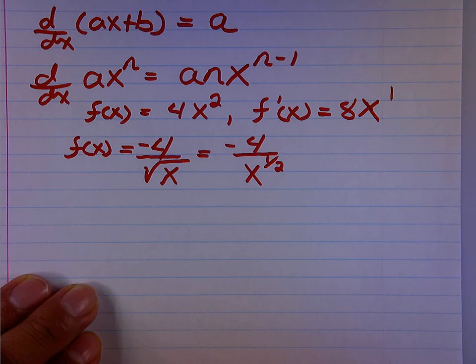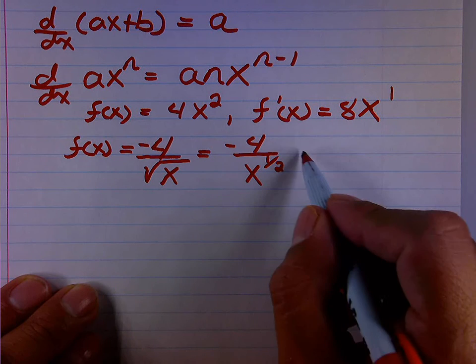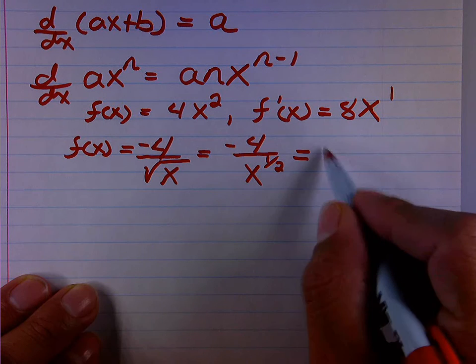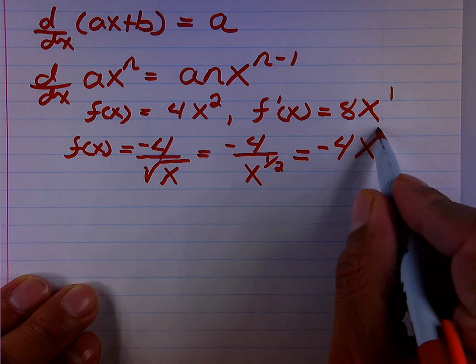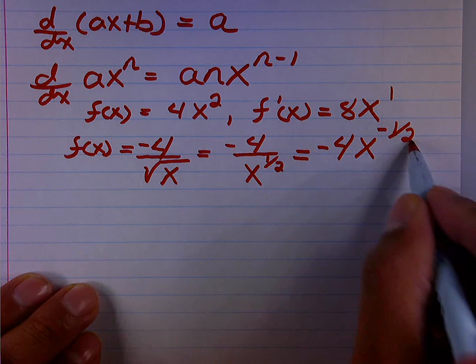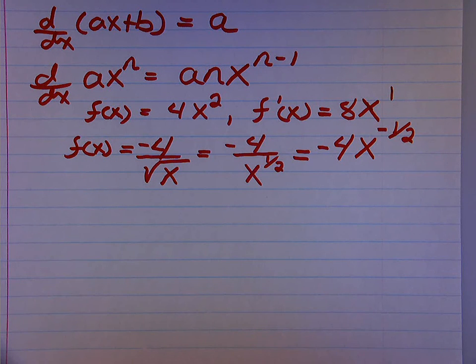The next thing I will know, if I want it written in the standard power function notation, I'm going to have to bring up x to that exponent. However, when I raise it up, it's going to make my exponent negative. So, negative 4 over the square root of x is exactly the power function negative 4 times x raised to the negative 1/2. I will now find the derivative of this power function.